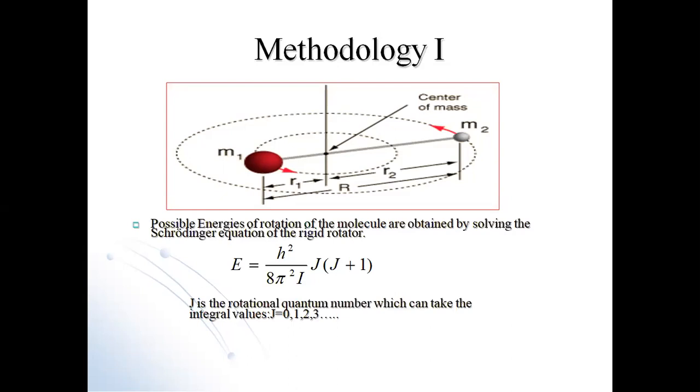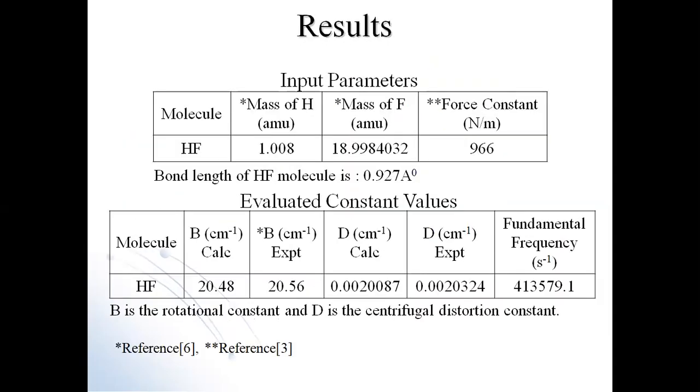So first, you take a molecule, suppose the HF molecule, and for the HF molecule you have to take the input parameters. I will show you the input parameters mentioned here. This is your molecule HF.